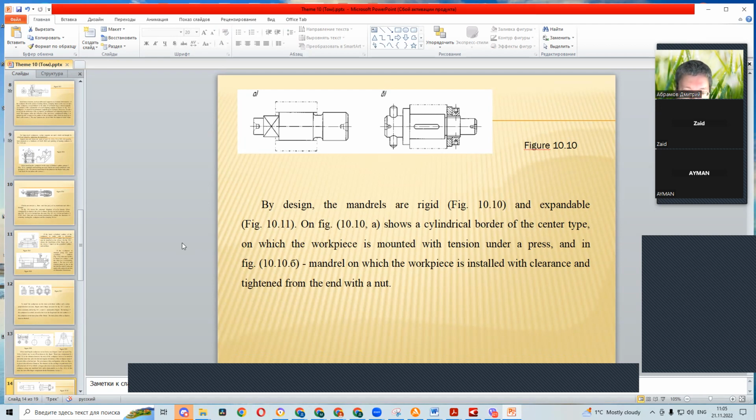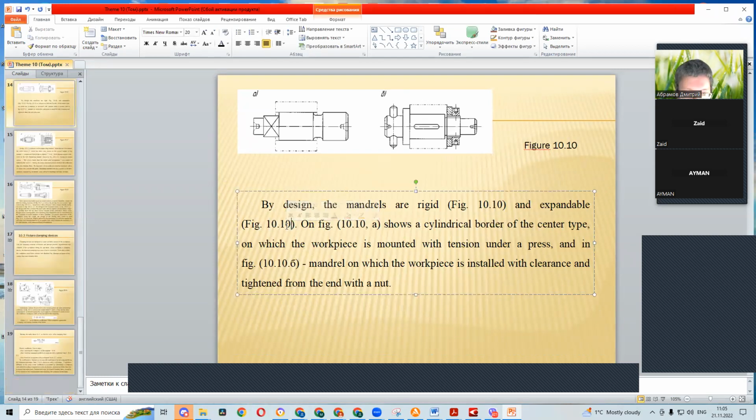And in figure 10.10b, a mandrel on which the workpiece is installed with clearance and tightened from the end with a nut.